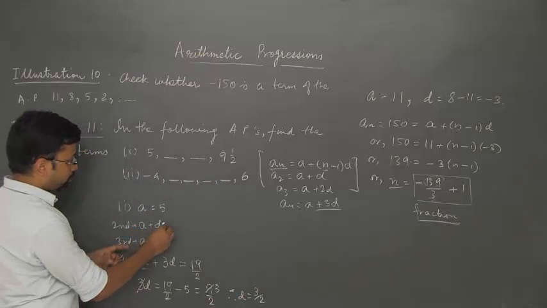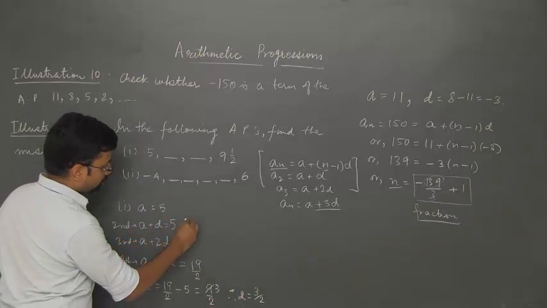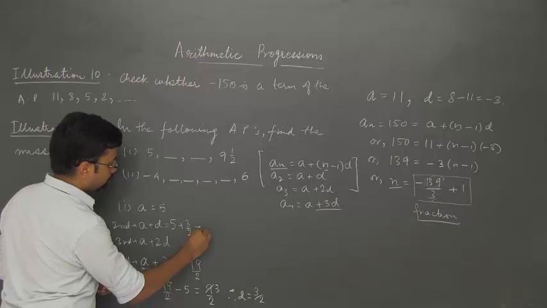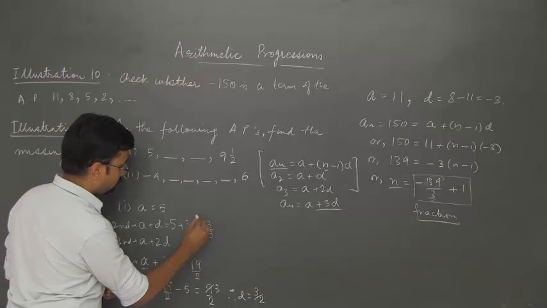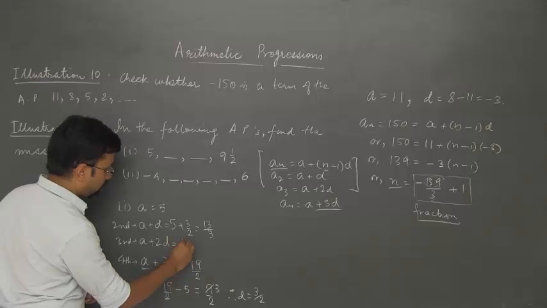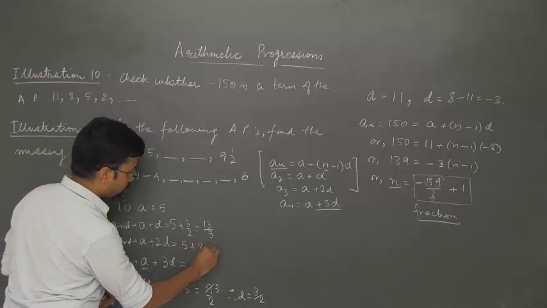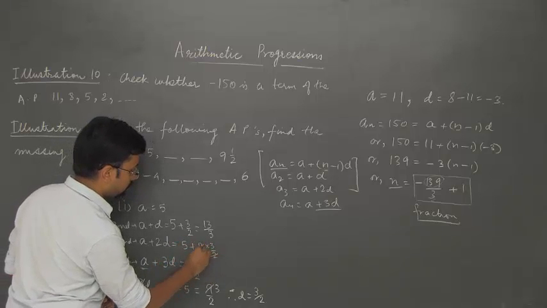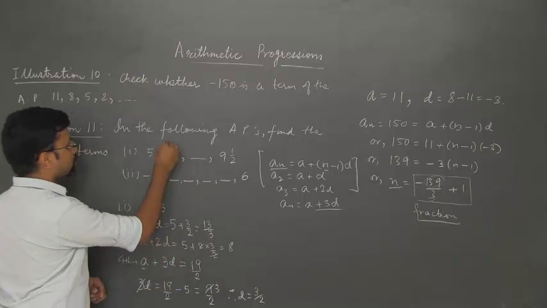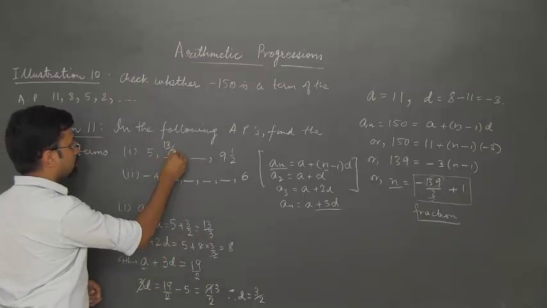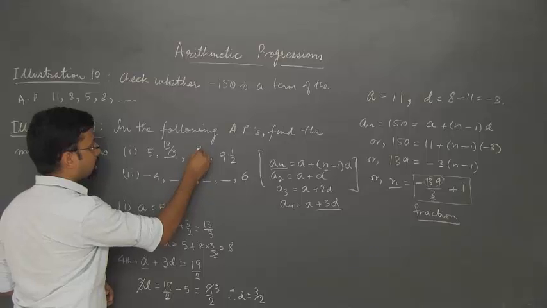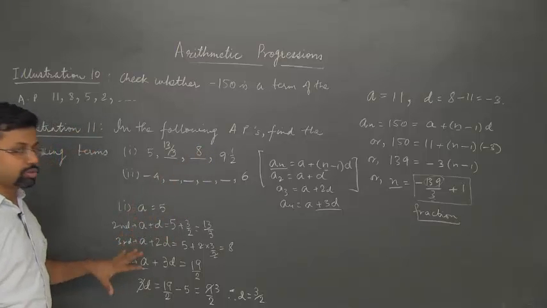So the second term would be 5 plus 3 by 2, that's going to be 13 by 2, and the third term would be 5 plus 2 into 3 by 2, which is equal to 8. So we can fill these numbers as 13 by 2 and 8. This is how you do it.